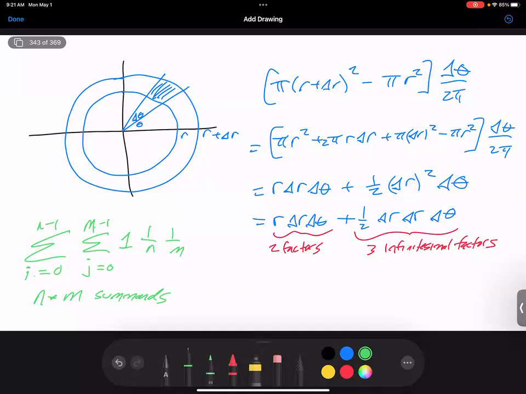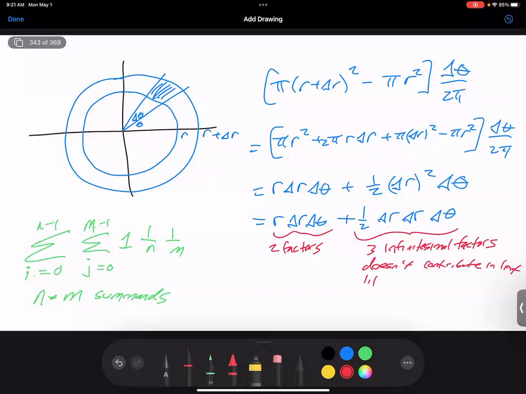If I look at what's going on over here, if I sum over the delta r's and the delta thetas, if this is of size 1 over n and this is of size 1 over m, I'm going to have an extra small delta r. So this doesn't contribute in the limit.